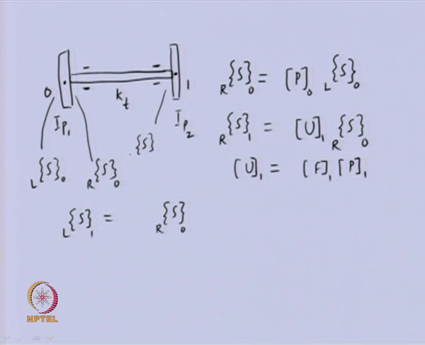If we want to transfer the information of the state vector from here to here, there is a shaft, so we need to multiply by the field matrix.